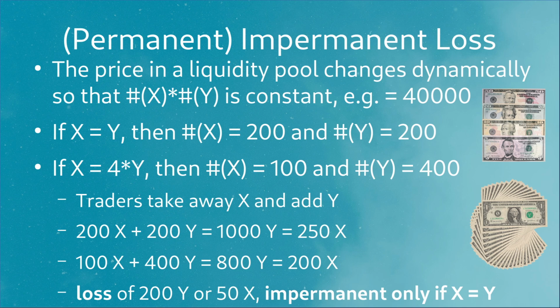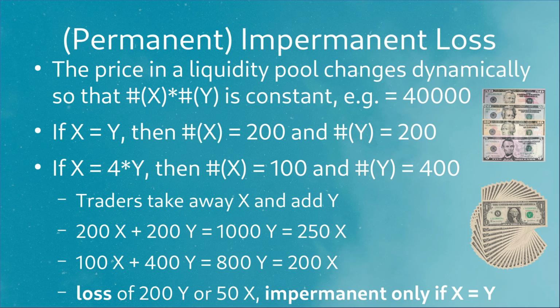I also have numbers to explain how it works. Normally, if you have two tokens in a liquidity pool, a simple formula that I often use is that the multiplication of the amount of both tokens is constant and the relative price of both tokens is equal to the ratio of both tokens.